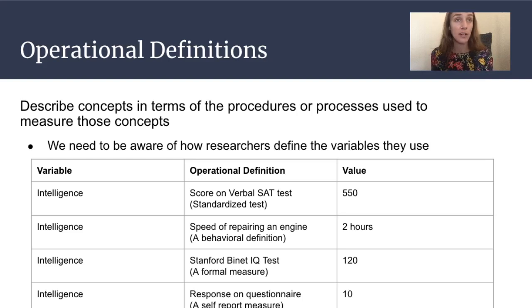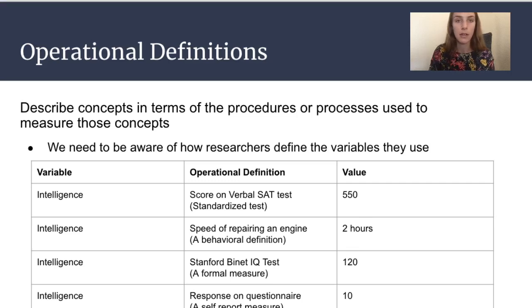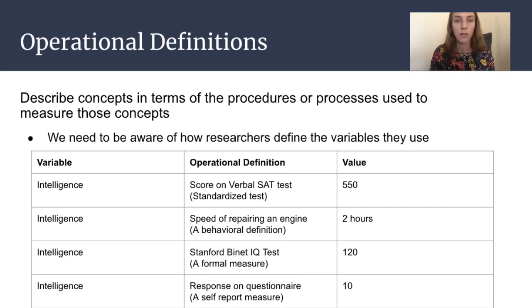But the point here is that when we're reading research, or when we hear statements about variables being made, we should think to ourselves, how is the researcher defining that variable? It's not always as clear-cut as you might think. And we are a little cut off on the bottom there, so I'll scoot us up. Perfect.